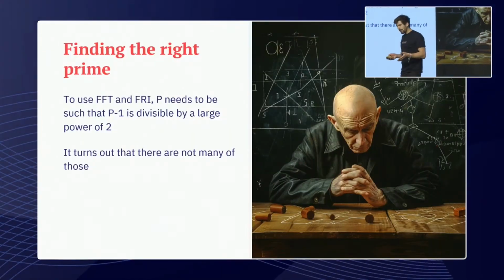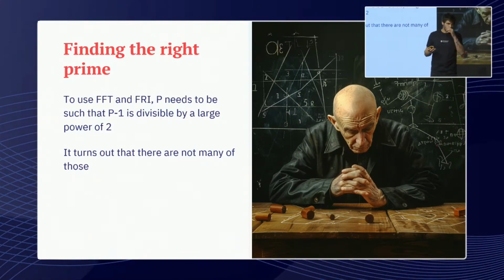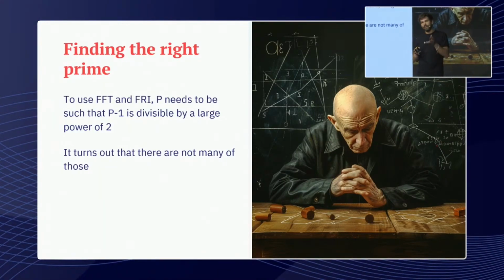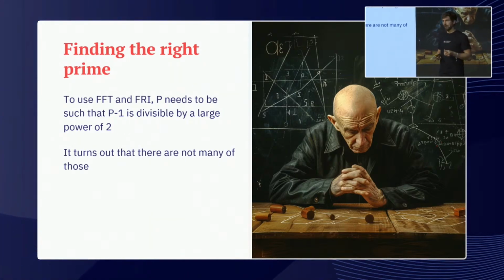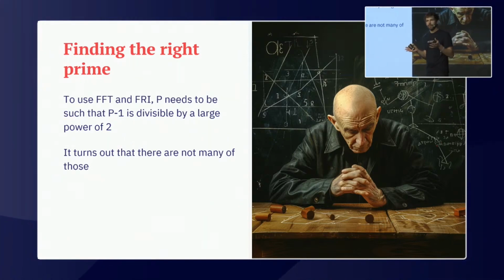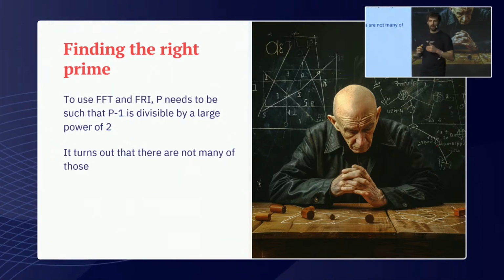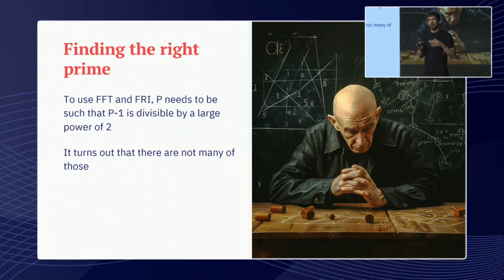You remember that I mentioned that in order to be able to use FFT and FRI in the Stark protocol, you need P to have a specific characteristic. The specific characteristic we were looking at in the beginning, when Stone was designed, was that when you take P, a prime number, P minus 1 has to be divisible by a large power of 2.